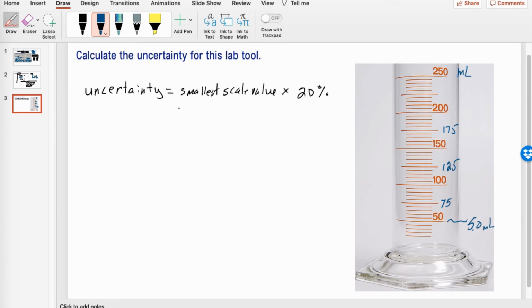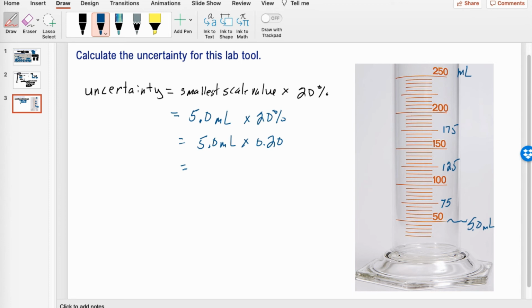All right. So our smallest scale value is 5 milliliters times 20%. So now we've got 5 milliliters times 0.20, because we've got to take it out of percent form and put it in a decimal so we can mathematically actually use it, right?